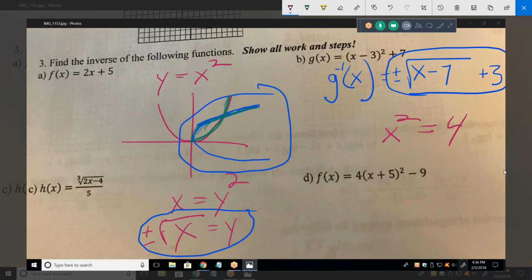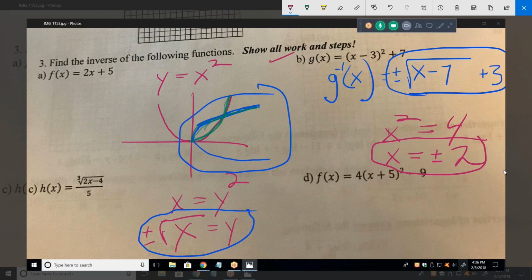For me to solve that, I've got to take the square root of both sides, right? So x equals, my answer has to start with the words plus or minus. And the square root of 4 is 2. So that's the answer. And it's no different when you're doing any math, whether you're looking for inverses or not.